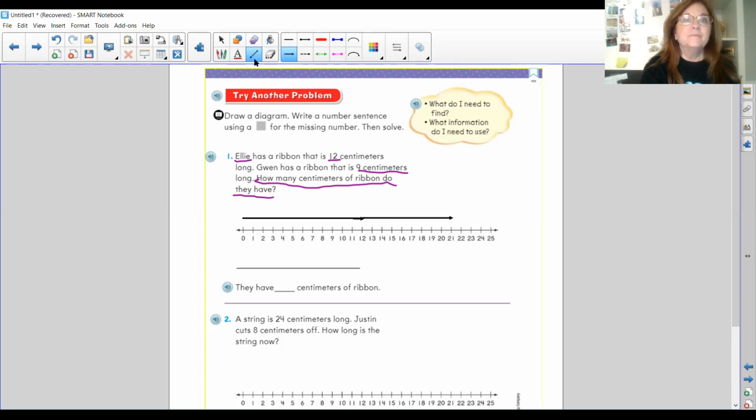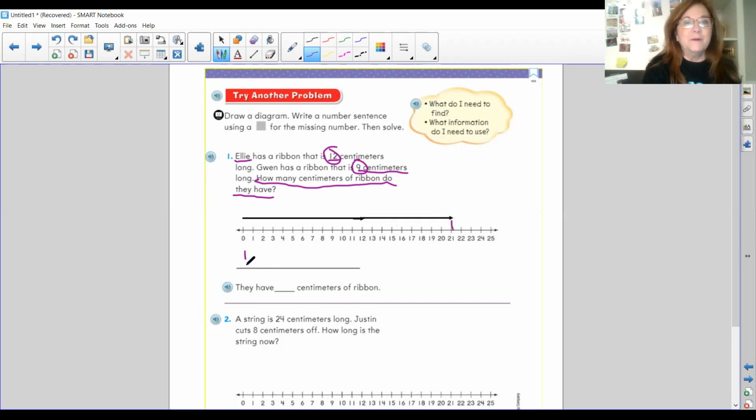And so now we're going to write our number sentence. Okay, our number sentence is going to be, we're going to add the 12 and the 9, and when we add 12 and 9, it should end up at our number right there.